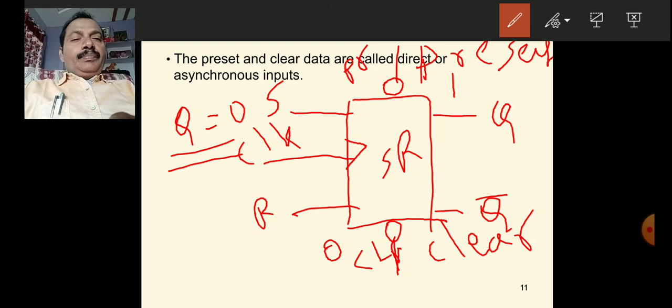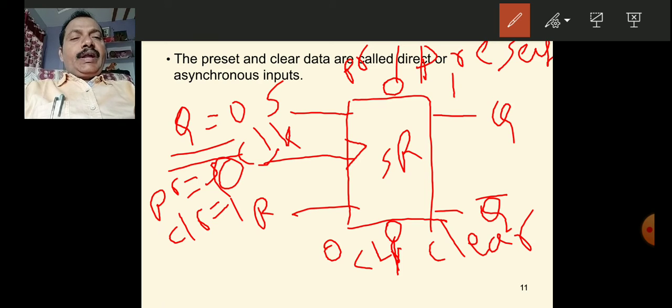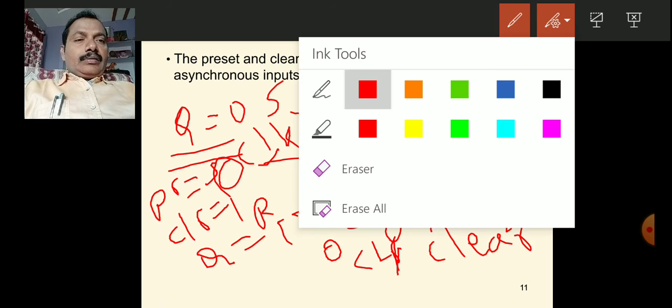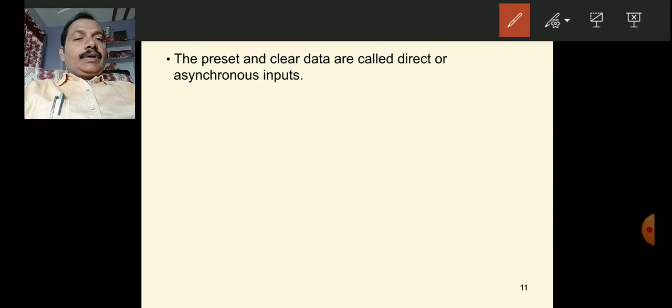When preset is 0 and clear is 1, that means preset is activated, clear is deactivated. For that case, the flip-flop is set to 1. That means Q equals 1. So this is the important working of preset and clear inputs to the flip-flop.